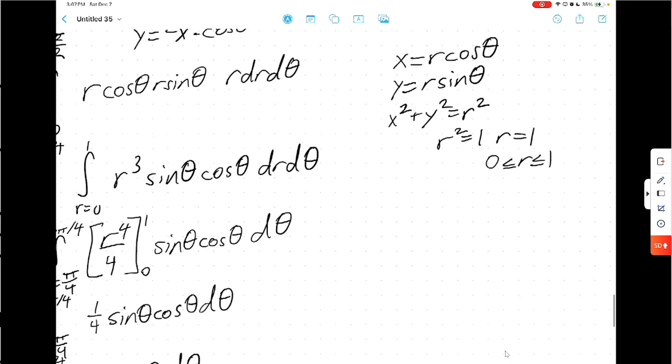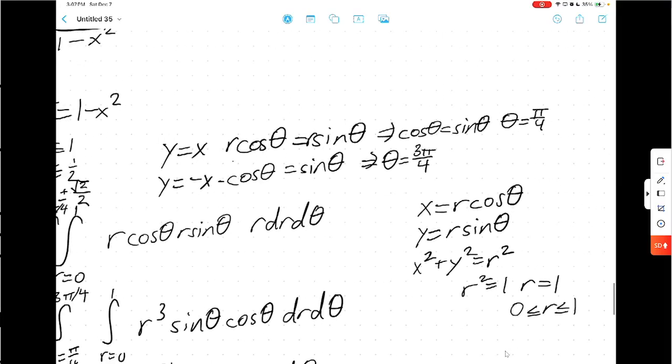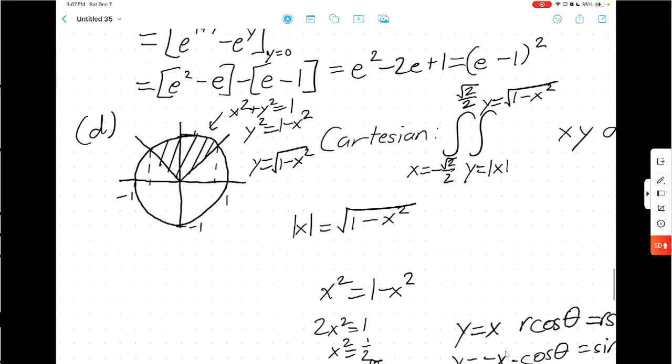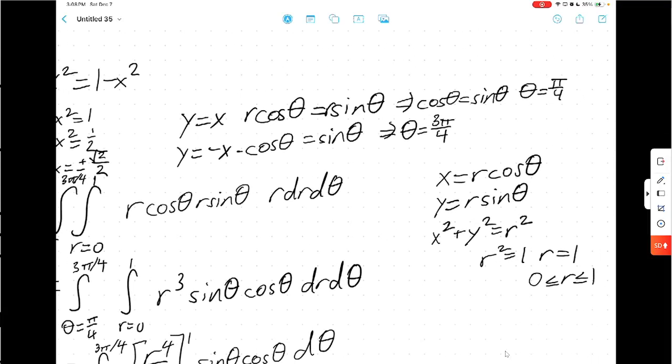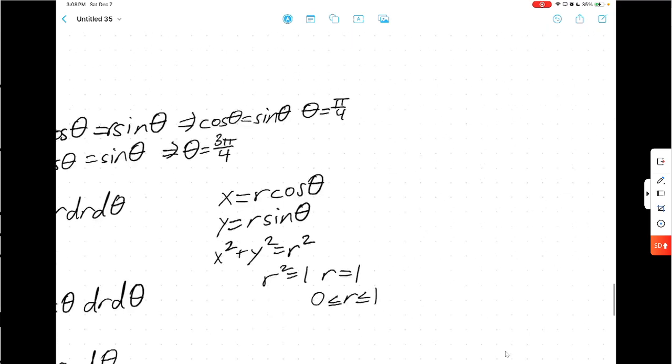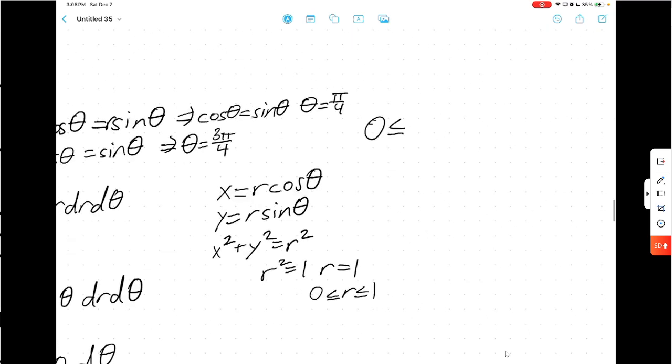How did you get your thetas? The thetas, we just took the absolute value of x, broke it up into two separate lines. One of them gives you cosine theta equals sine theta, the other one gives you negative cosine theta equals sine theta. The cosine theta equals sine theta one should be fairly easily recognizable as theta equals pi over 4. You can use the unit circle to find out why.